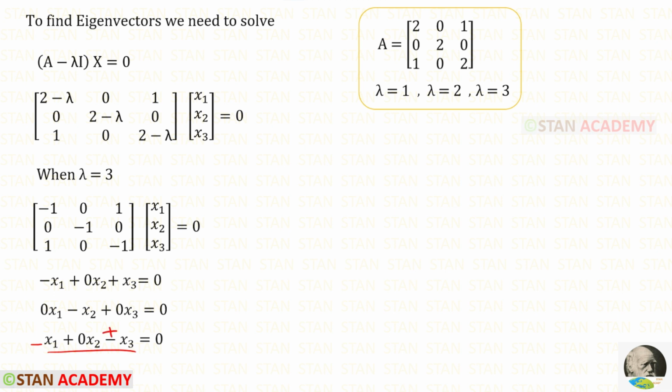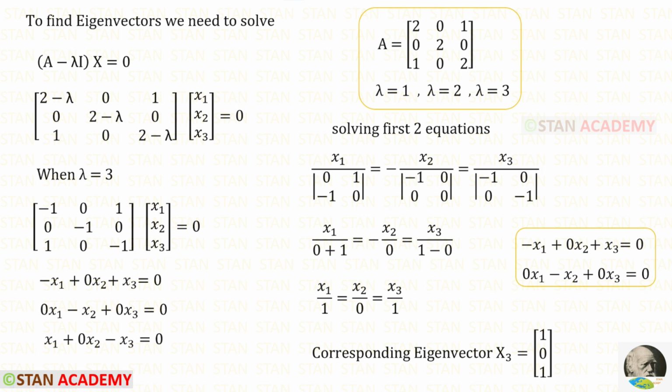No need to consider this one because it is 0. Now you can see that both of them are same. In this case, we should not select these two together. We can select either these two or these two. I am going to select the first two. Finally, for the corresponding eigenvector, we will get 1, 0, 1.